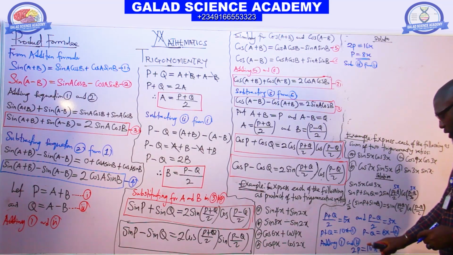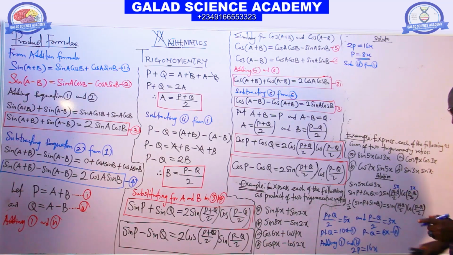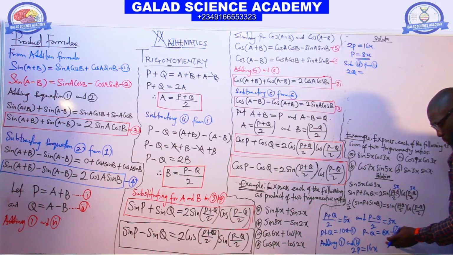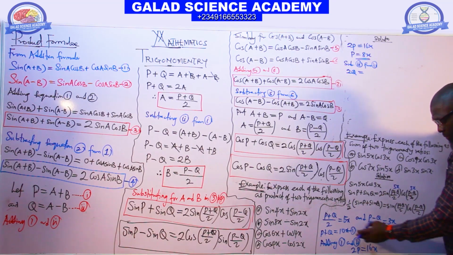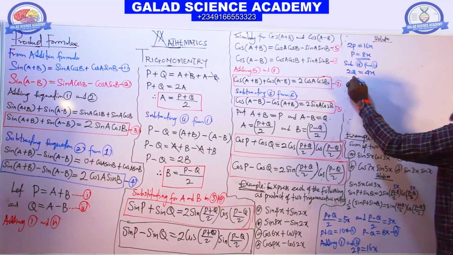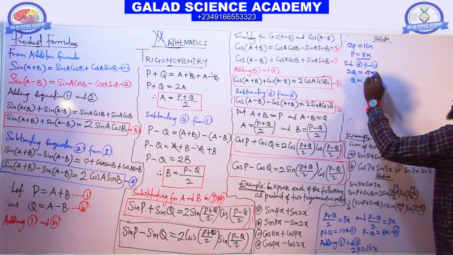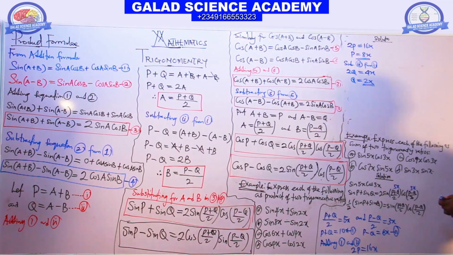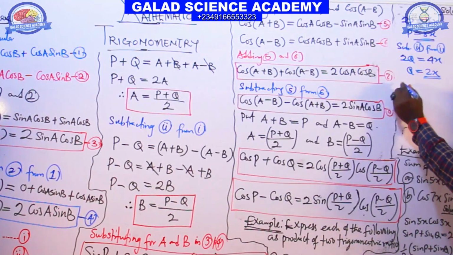This will cancel this, and you will have 2Q equal to 10x minus 6x, 4x. Then Q will be 2x. So we have known the value for P and Q.